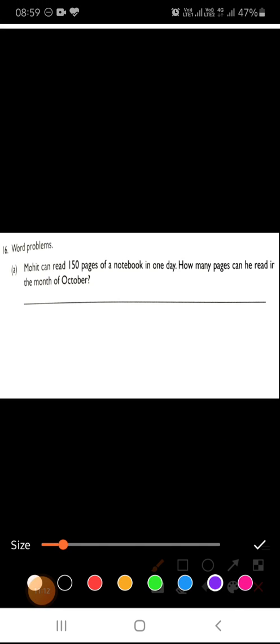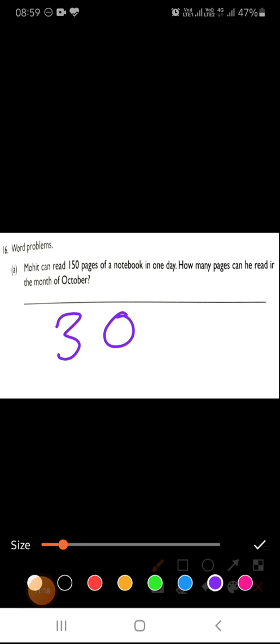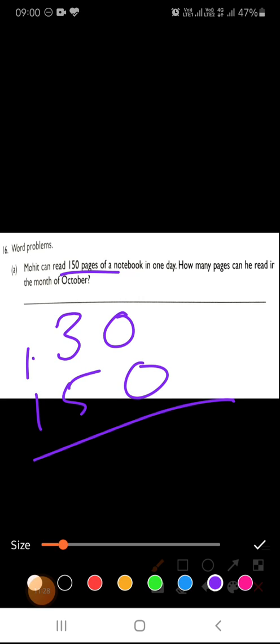In the month of October, how many days are there? 30 days are there, and in one day he is reading 150 pages. So in the whole month, how many pages will he read? You have to just multiply these two numbers and you will get the answer. So what will you get? 7500. 7500 pages he will read in the month of October.